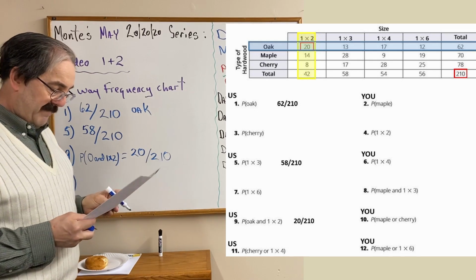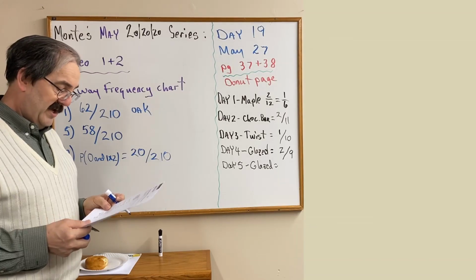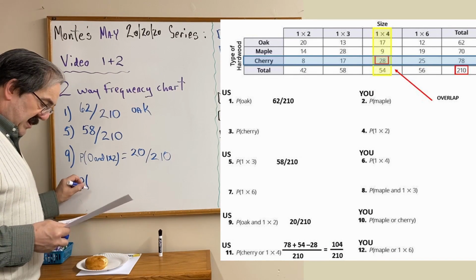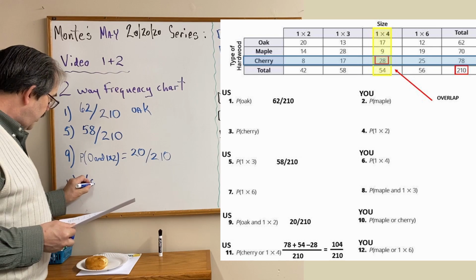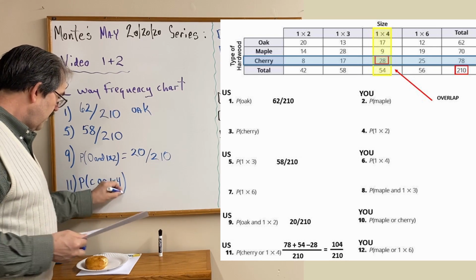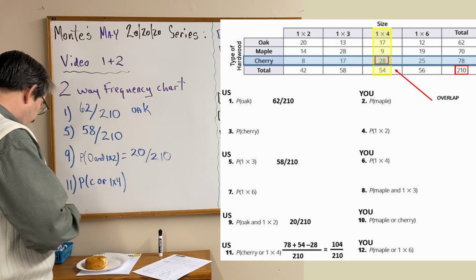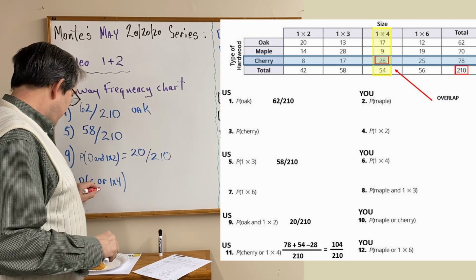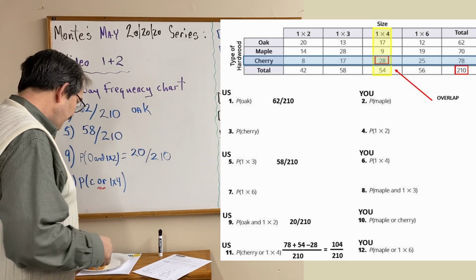Now we got 10, maple or cherry. So let's do number 11, the or. The probability of cherry or a 1 by 4. There's that or problem. Remember how we do or?